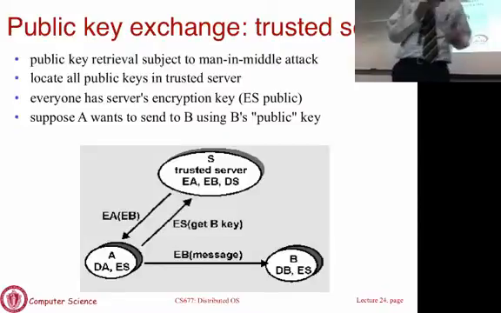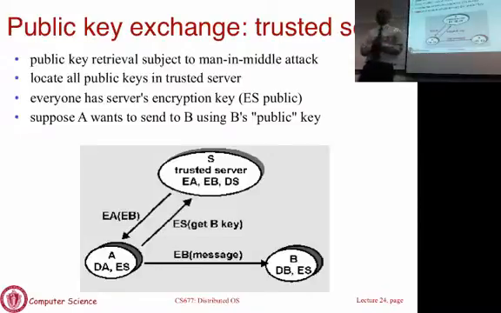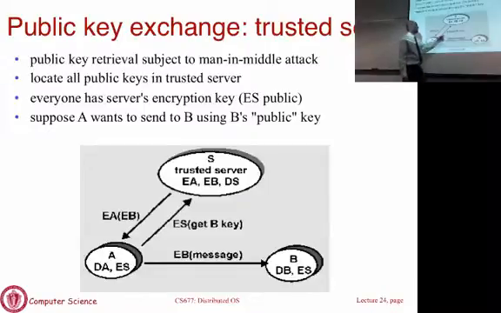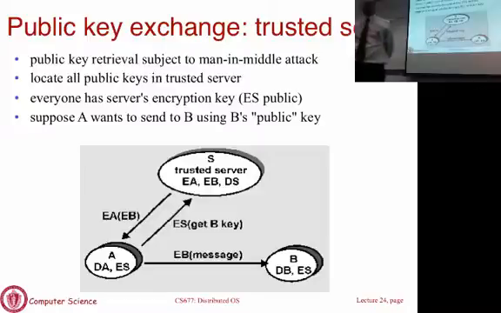Now we can ask the question: how do you get somebody's public key securely to begin with? Here is one way to do it. You go to a trusted server rather than some other entity and send a message. First of all, we'll assume that you know the trusted server's public key. Otherwise, you can't do it.